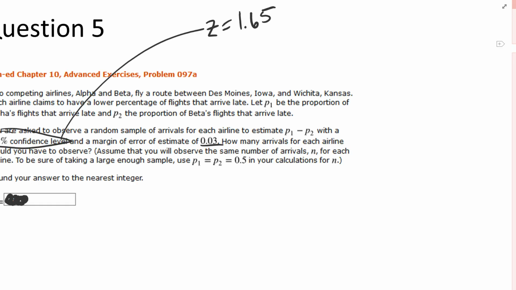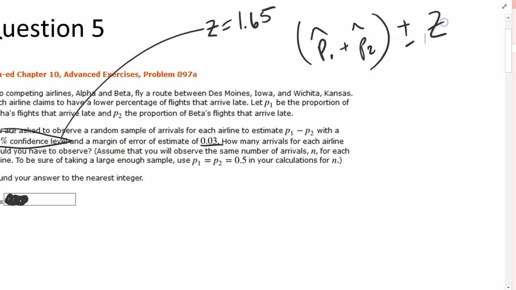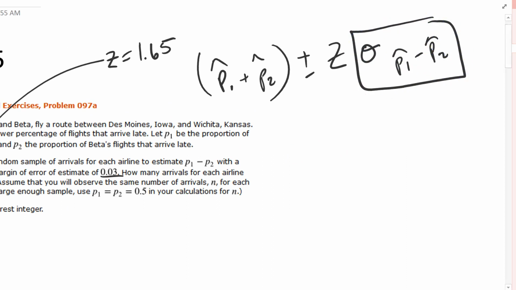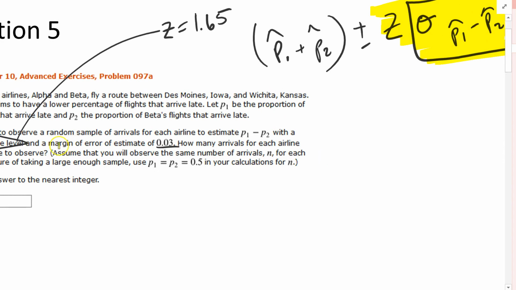So going back here, getting that formula, P1 hat minus P2 hat plus or minus z times, in this case, the standard deviation of P1 hat minus P2 hat. This is what you're trying to calculate. This is the error, the margin of error, and it's estimated at 0.03.